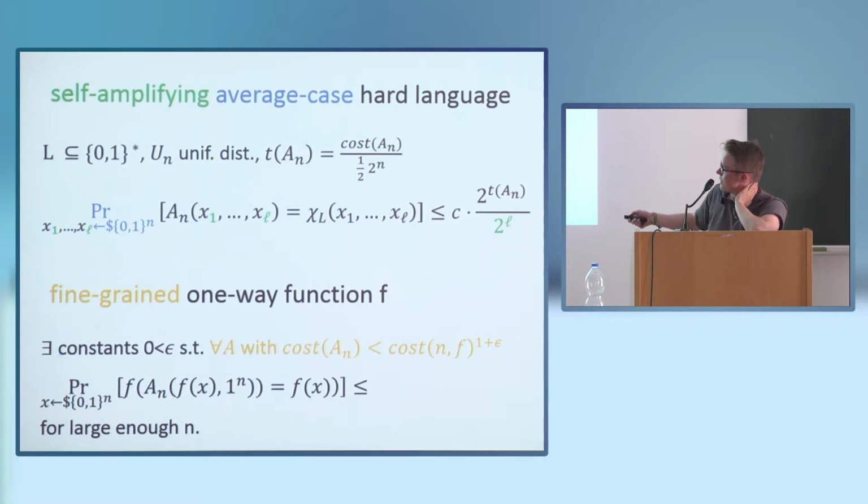And so I left open the inversion property, and usually here we have a negligible function, but what we're going to rule out are even fine-grained one-way functions where we only want 1 over n security. And again, we have some constant that we're happy to lose. Questions on the definitions?